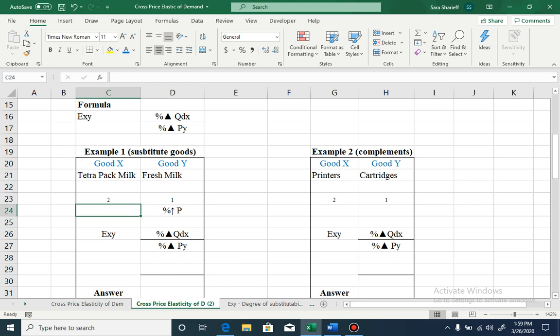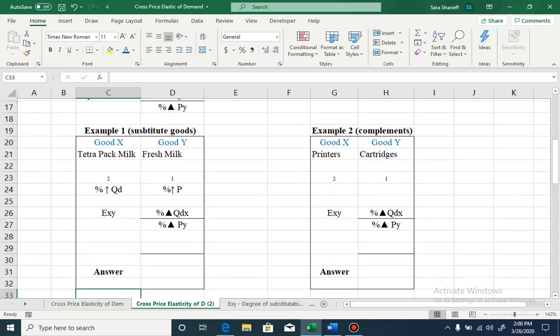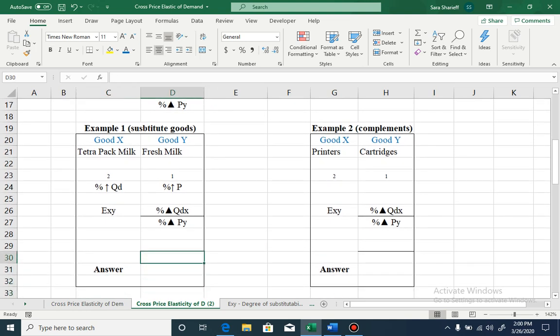People might switch to Tetra Pak milk because both are substitutes. Therefore, there will be some percentage increase in the quantity demanded of Tetra Pak milk, right? So what is happening in the formula of cross price elasticity of demand?